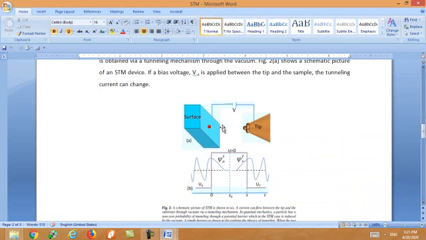The distance between the tip and the sample surface changes the potential difference between the sample and the tip position, and this also changes the current developed by the movement of the tip over the sample surface, which is called the tunneling current. The change in this tunneling current with the sample surface and tip position is converted into an image of the sample with the help of a computer.